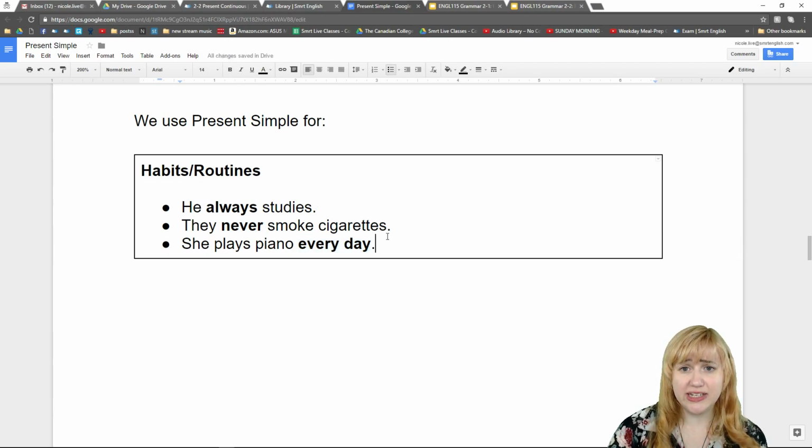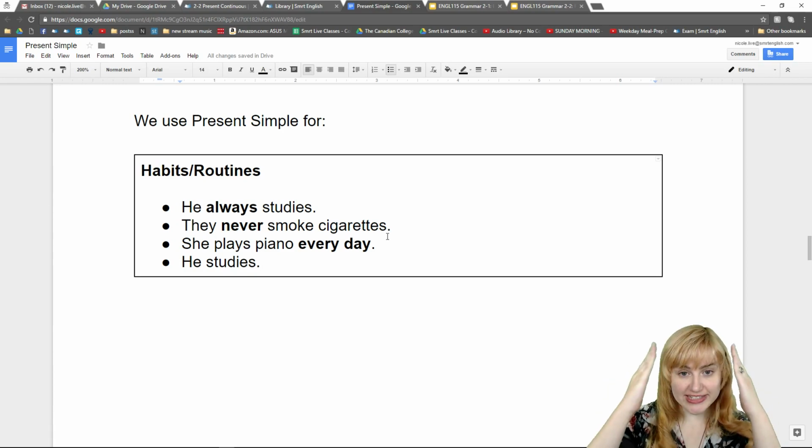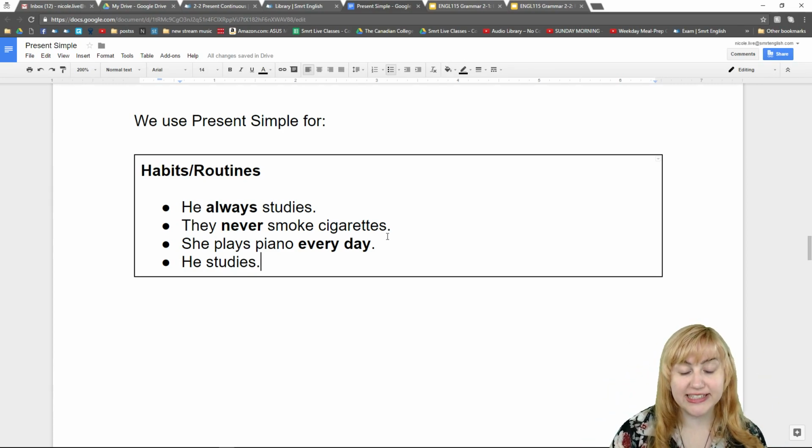These are some words we can use to show that we're talking about a habit or a routine. Again, you don't have to use them. We could just say, he studies. That's fine. We understand that this is a habit. This is something that you do again and again for a long time. But we very often use words like always, never, or every day. Okay.